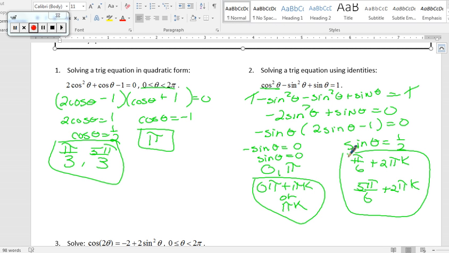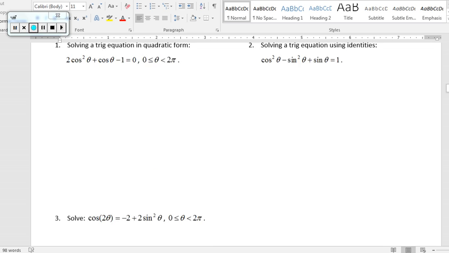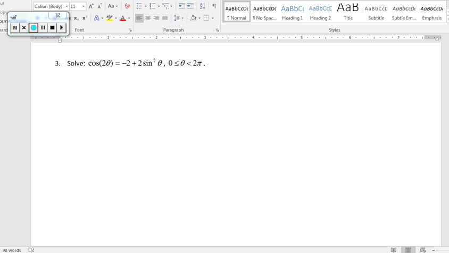Alright, so let's take a look at number 3. I'm going to take out this 2 theta, and since everything on the other side is in terms of sine, I'm going to replace it with the identity 1 minus 2 sine squared theta.